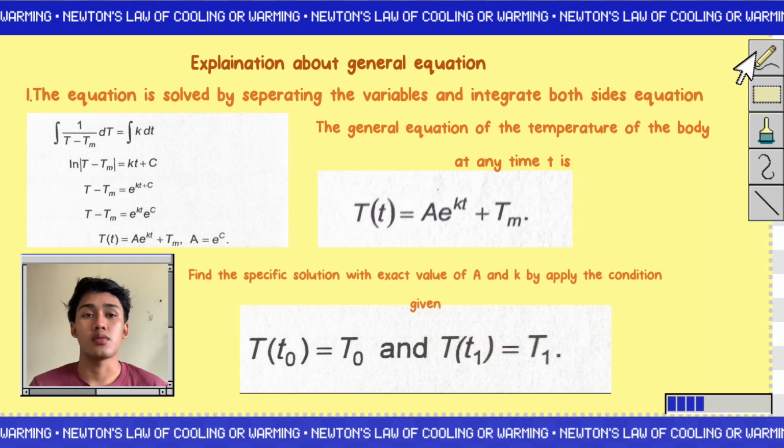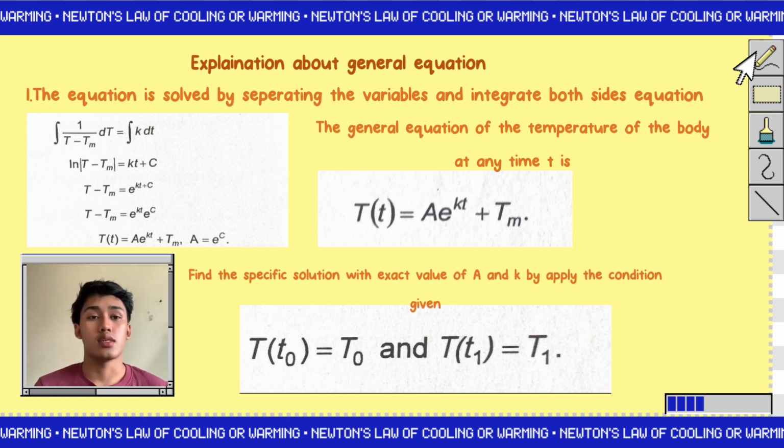Okay, at first, we need to explain the general equation. The equation is solved by separating the variables and integrating both sides. At first, we separate the variables, for example T and k, then integrate both sides and we get an equation.